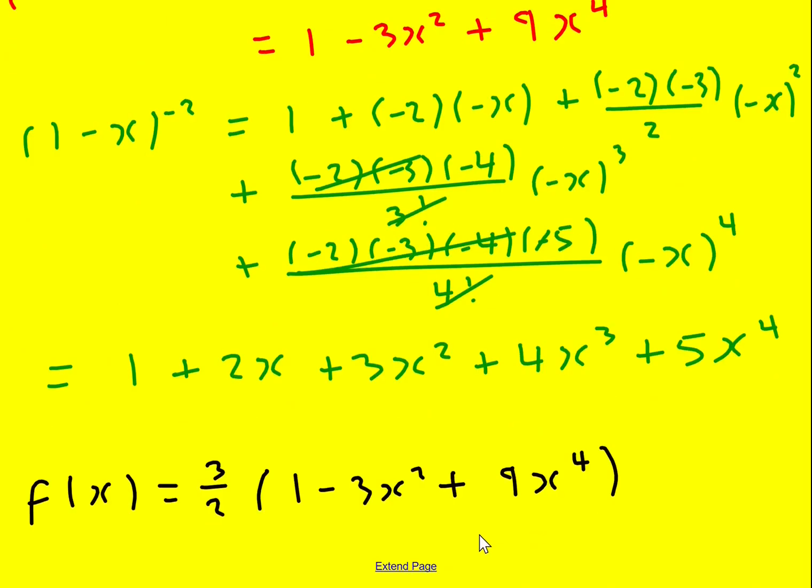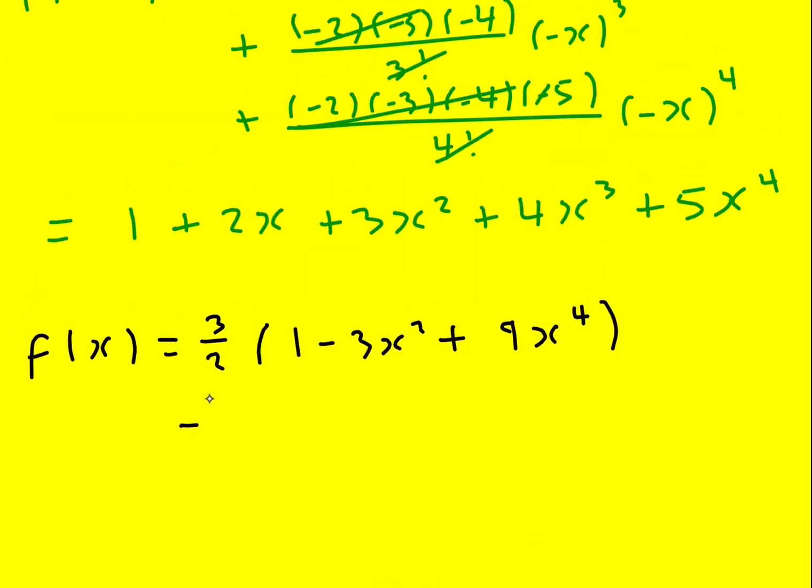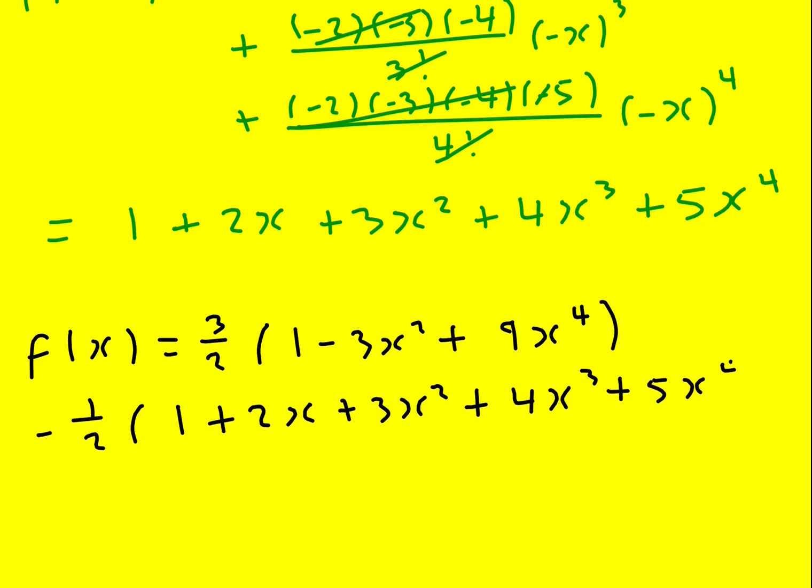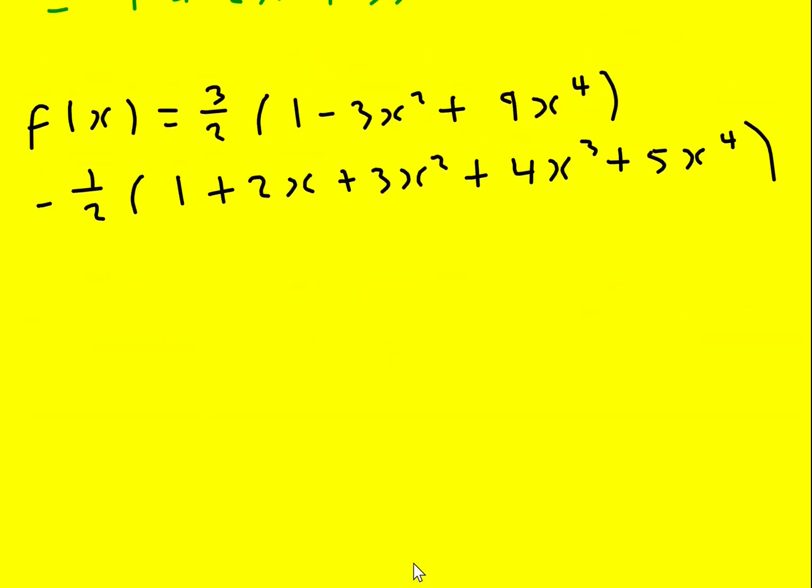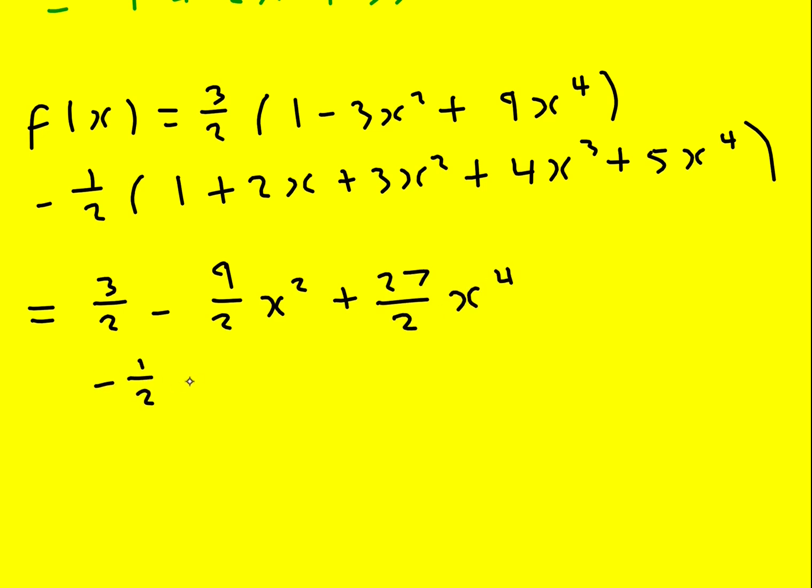And then we're minusing a half of the rest. Okay, minus a half times 2x, just minus x.